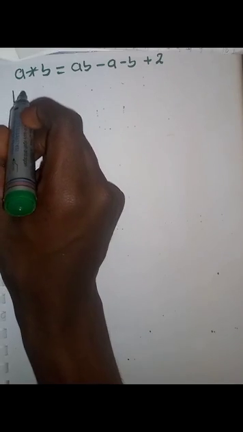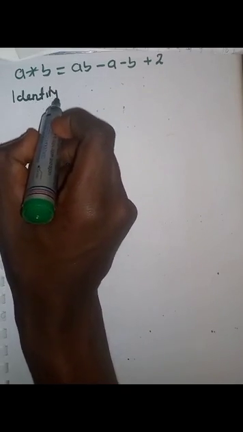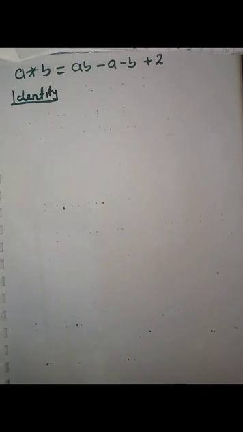Let's start by looking for the identity. Let's verify if it has an identity element, using our definition of identity.